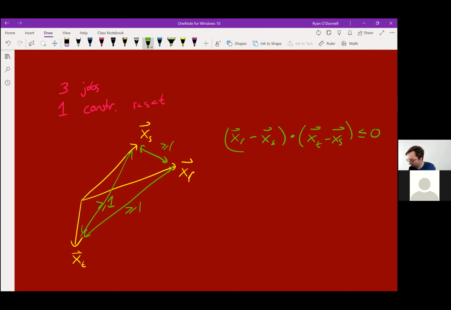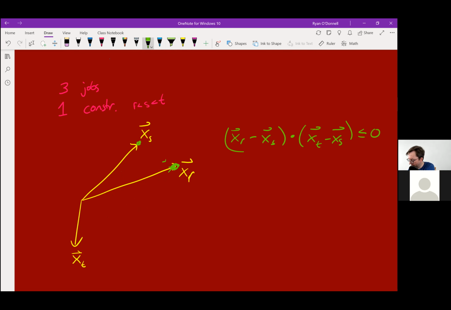Yes. Okay, let me erase the screen stuff. So what's xr minus xs here? It's a little hard for you to say because you can't look at the picture, but it's some vector here. Which one? The vector between where the arrowheads of xs and xr are.